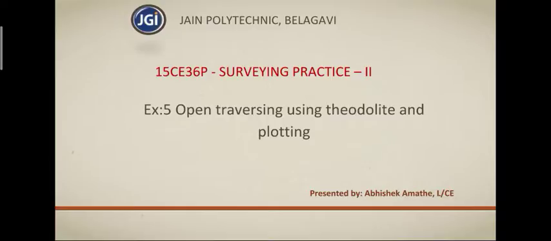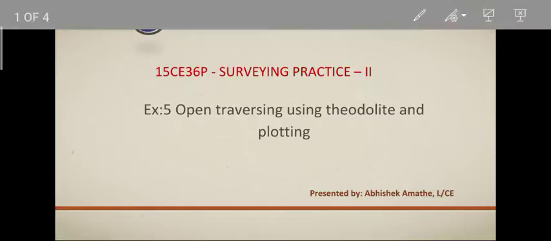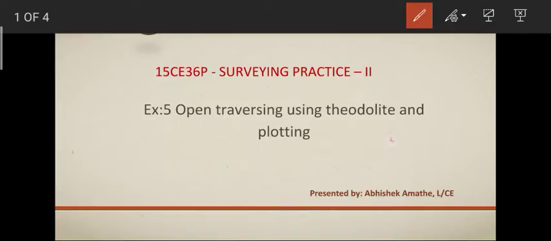What is preceding line and what is succeeding line? Succeeding line is a line which is a coming forth line or a next line. Preceding line means a line which is before a point. If this is a point, right? The line before this point is called preceding line.